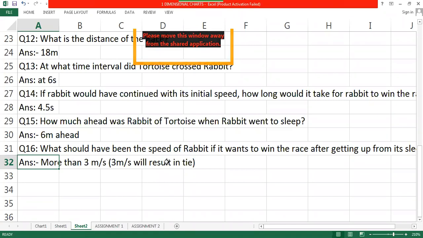Because 3 meter per second will result in a tie. If he had run with a speed of 3 meter per second, it would be a tie, because they both would have crossed the finishing line at the same time. So if the rabbit wants to win, then he has to run with a speed little more than 3 meter per second.